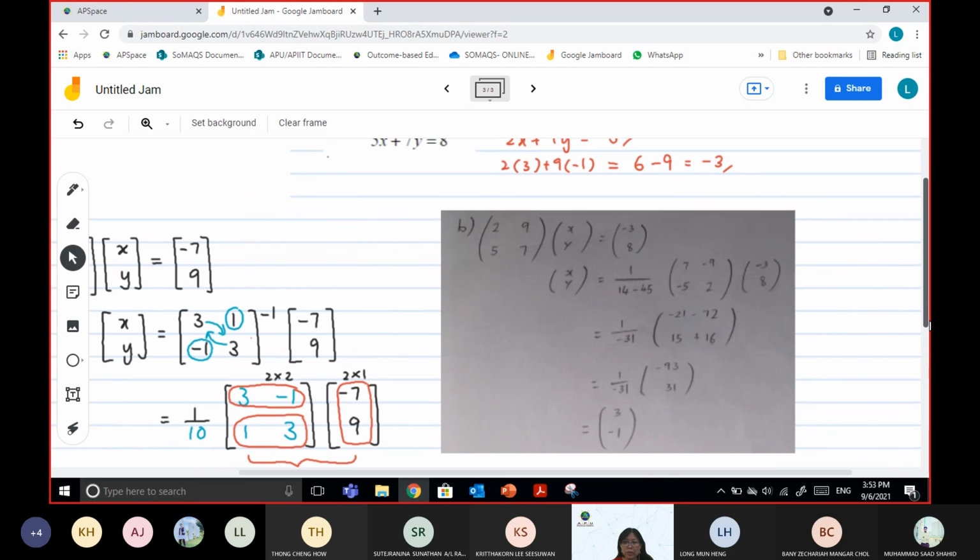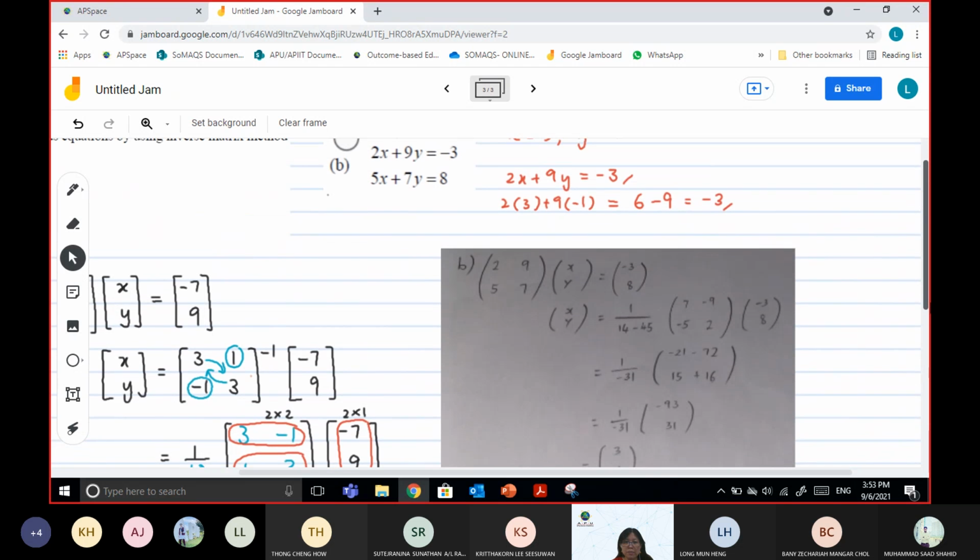Okay, now let's have a look at the solution from students. Jingyan, 2, 9, 5, 7. Make sure you write it in the matrix correctly. -3, 8, correct. Then look for the determinant. So 2 times 7, 14, minus 45, correct. Then this is the adjoint of the matrix. Swap the 7 and 2, inverse the sign. -9, -5, correct. 2 and 7, then -3, 8.